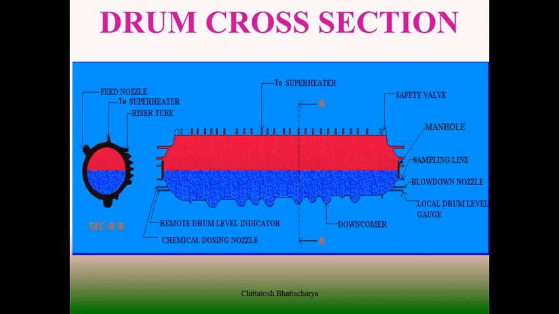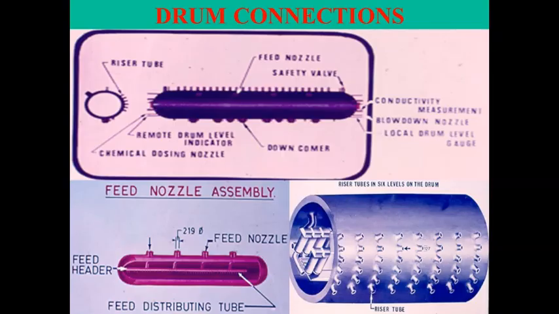We have local drum level gauge connections. We have manholes to get inside the drum from two ends. We have blowdown arrangements through blowdown nozzles. Then there are safety valves, which may be at both ends or at a single end.